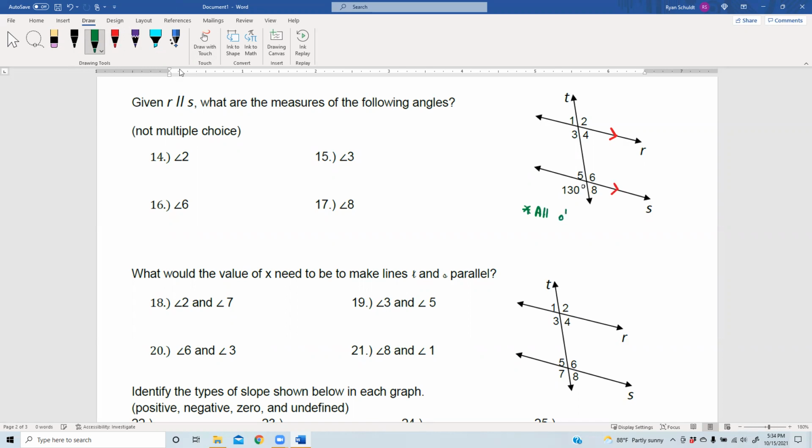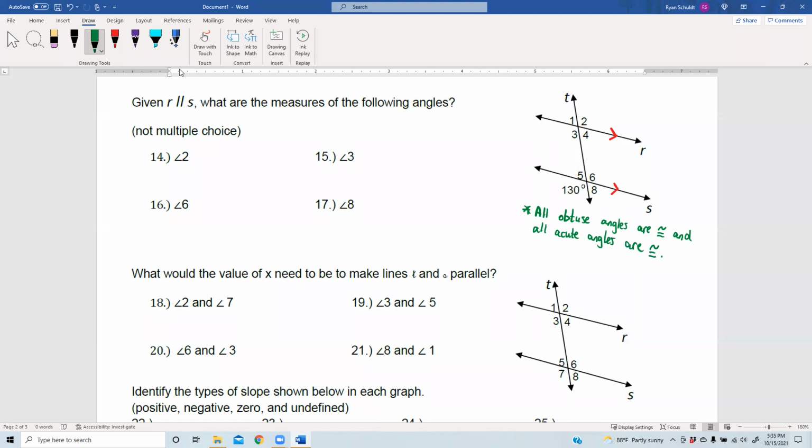All obtuse angles are congruent, and all acute angles are congruent.